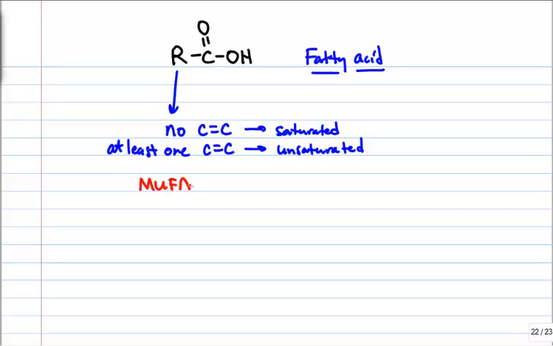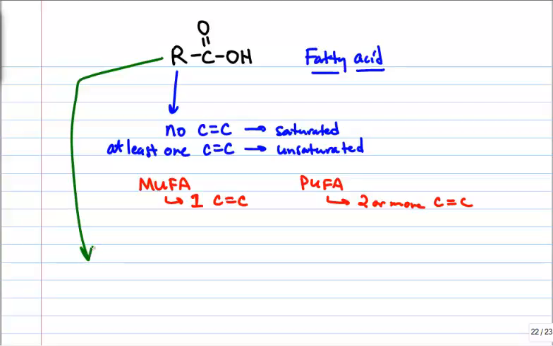MUFA, which is a monounsaturated fatty acid, where there is just one carbon-carbon double bond, and a PUFA, where there are two or more carbon-carbon double bonds. So MUFA and PUFA. And again, the properties of fatty acids depend upon the number of carbon-carbon double bonds in the R group.